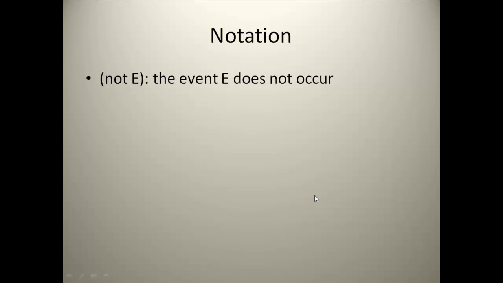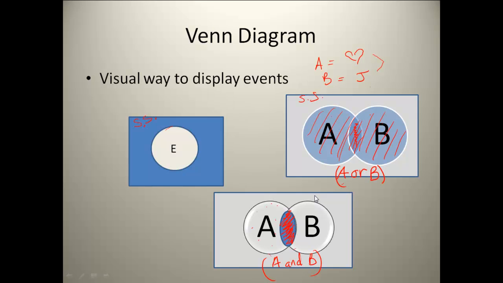We have some notation that goes along with our Venn diagrams. The first one is not E, and not E is the complement of E. So if E is my event, not E would be all this area out here around the edge.